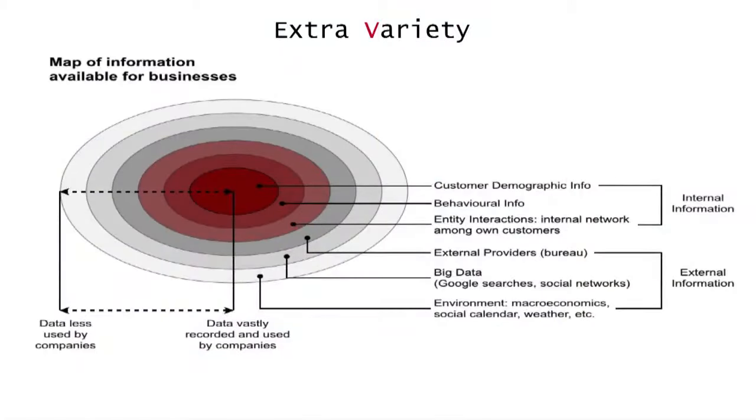Environmental, macroeconomic, social, calendar information, and things like that. For example, making use of the temperature if you want to sell ice creams or umbrellas. If you're a supermarket and you want to sell umbrellas or ice creams, you can't have the two at the same time. But based on the temperature, or the weather forecast to be more exact, you can decide which one you're using. So extra variety.